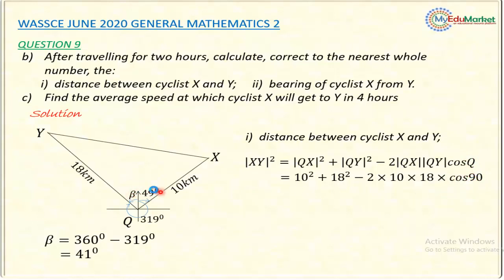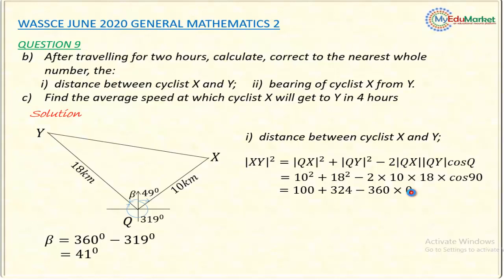As this triangle is a right angle triangle, I can equally use my Pythagoras. Of course, this cosine rule is the same thing as the Pythagoras theorem, because this term eventually will be 0. So 10 squared is 100, 18 squared is 324, minus 2 times 10 times 18, which gives 360, then times cos 90, which is 0.